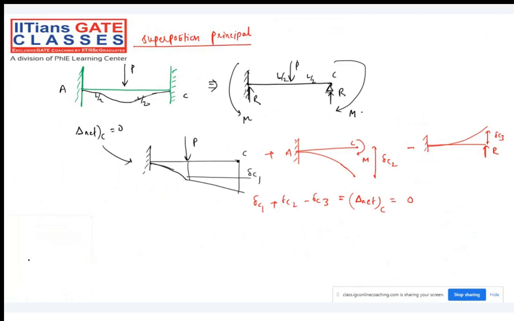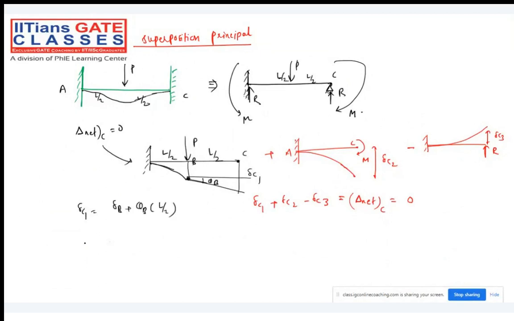By the principle of superposition, we get this particular scenario. Delta C1, everybody knows what the answer is. L by 2, L by 2. So this is B, this is C. Ultimately, the elastic curve will be the same, so the slope at point B for this line will also be the same. So this is theta B. So delta C1 will be delta B plus theta B into L by 2.